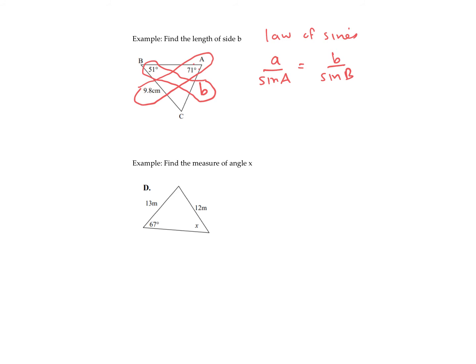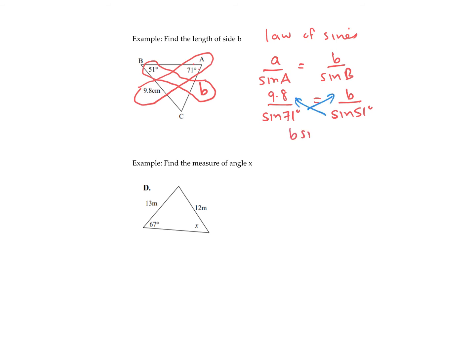So I'll pick the law of sines, I'll pick the ratios that I'm using, and I'll fill in the information that I'm given. So I know side A, I know angle A, I know I'm looking for side B, and I know angle B. And then we're just going to cross multiply. So we're going to multiply these two together, these two.